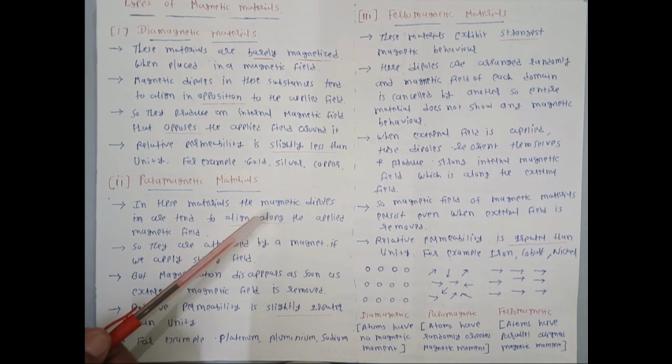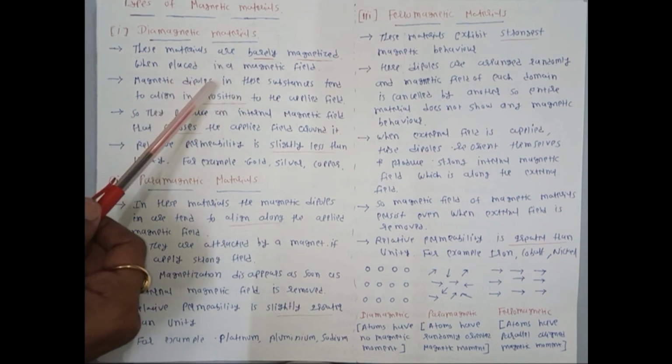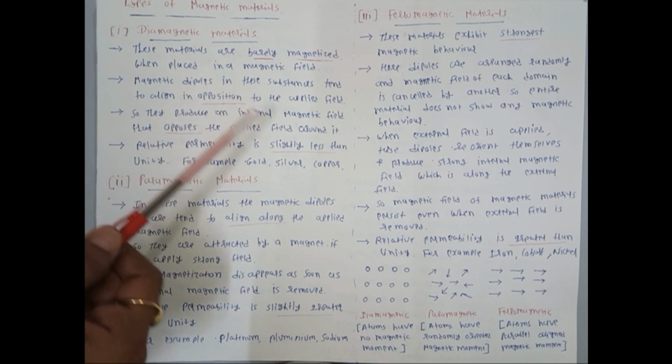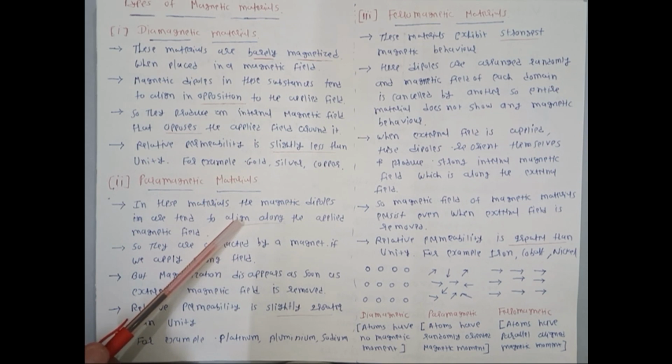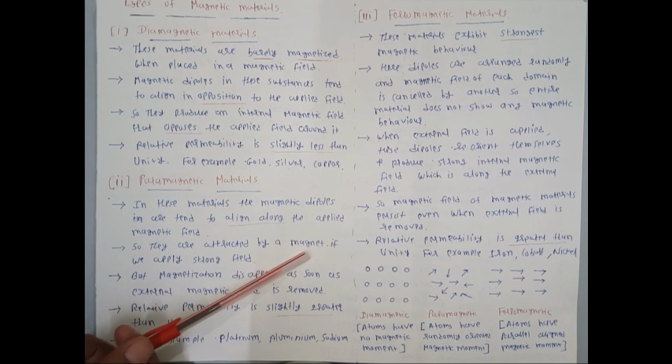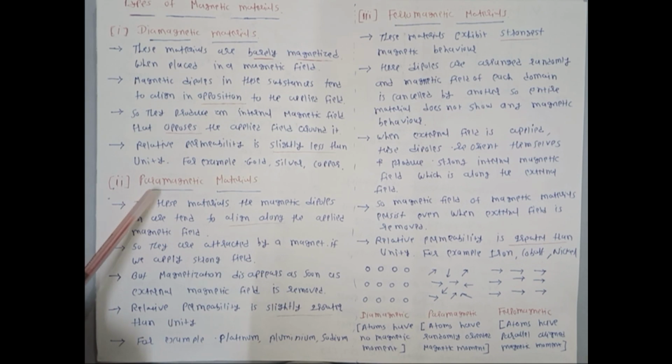It means, see, in diamagnetic material the dipoles create a magnetic field in opposition to the applied field, but here it is in the direction of the applied field. So they are attracted by a magnet. If we apply a strong magnetic field, magnetization occurs in paramagnetic material. But when we remove that external magnetic field, this magnetization disappears. So it is the reverse case of diamagnetic material.